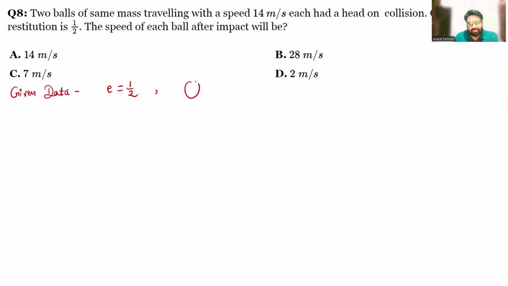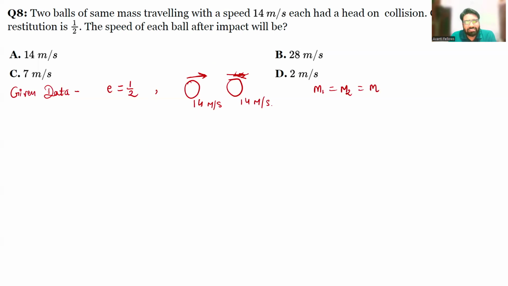Let's say these are the two balls and they are traveling with the same speed of 14 meter per second. Okay, no? In this direction and in this direction also. So the speed of them is 14 meter per second and 14 meter per second. Okay. Clear? And the mass of the balls is the same. Let's say m1 is equal to m2, which is equal to m.